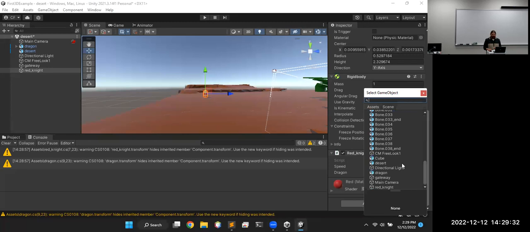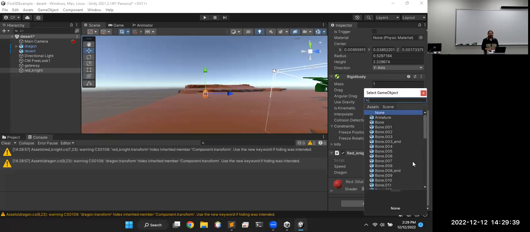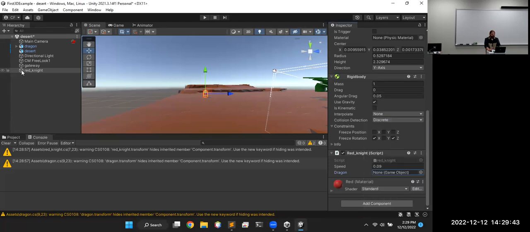There it is down on the list, but you can see how the list of things we can select from is a lot longer than just the list of game objects we have. But it's usually better to do the click and drag method. And we'll get a reference to our dragon object.